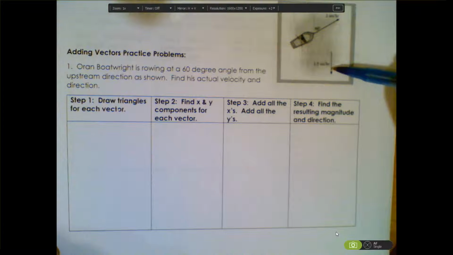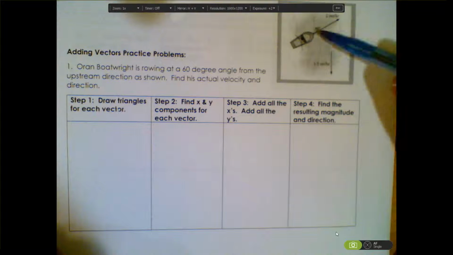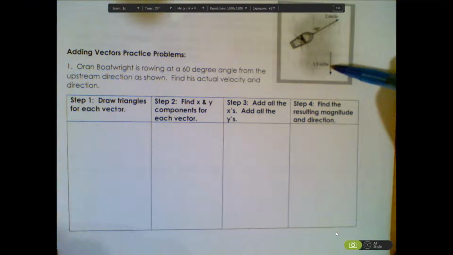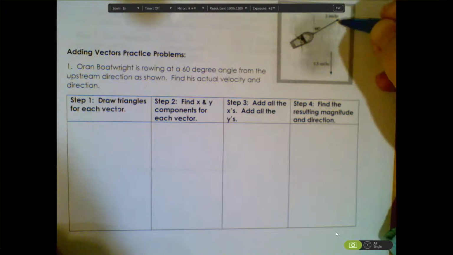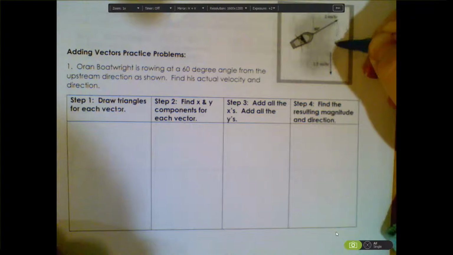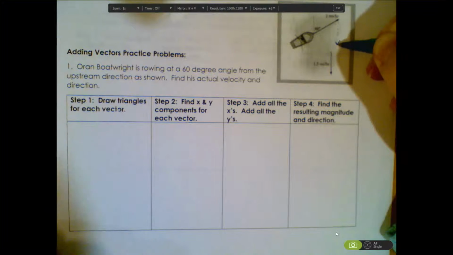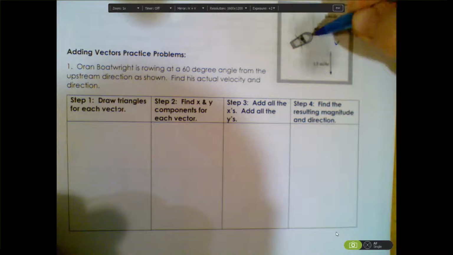So we want to see the actual velocity and the actual direction of the boat. So I'm going to add these two vectors. And if I were to just add them kind of graphically on this picture, I could add the second one down here. And my result is going to be something like this.